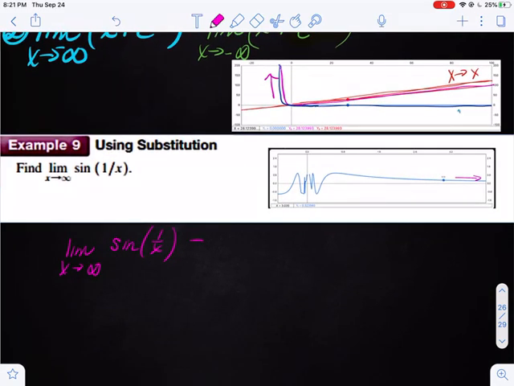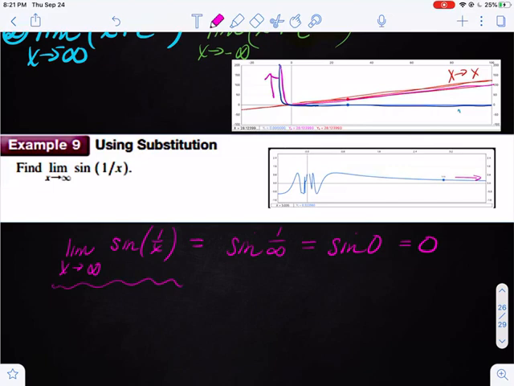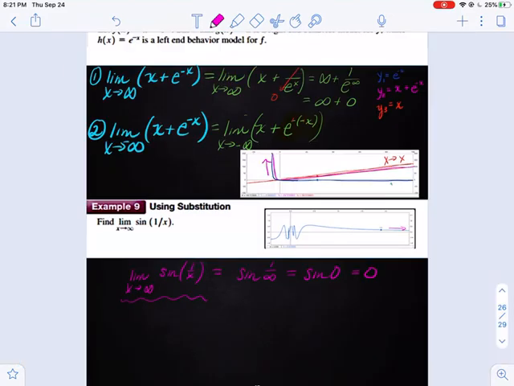Well, if we plug in here, we get sine of 1 over infinity. And the larger x gets, oh, we won't need to use the squeeze theorem for this. As x goes to infinity, we'll get the sine of 0, which is, of course, 0. So as x approaches infinity, this expression, with the limit, would go to 0.